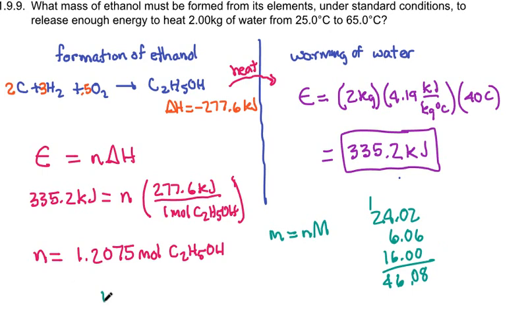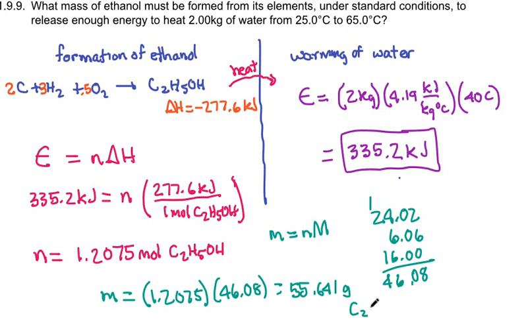So mass equals our number of moles times our molar mass of 46.08. 55.641 grams of ethanol.